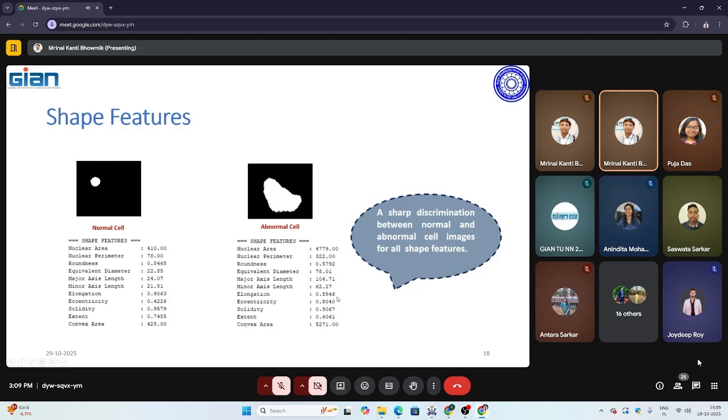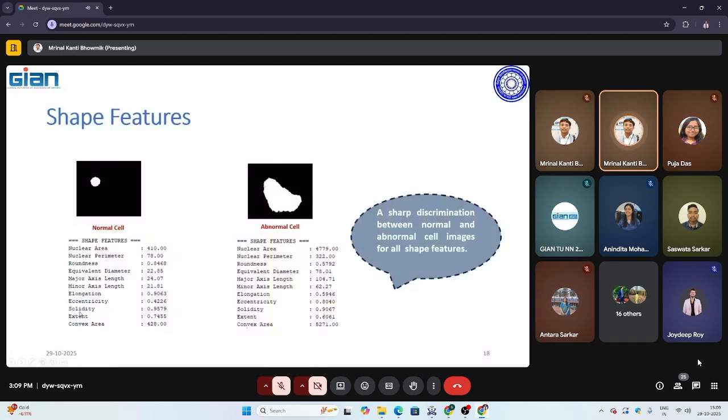Eccentricity tells us how much the shape deviates from circularity. For the normal cell, the eccentricity value is 0.42, which is low. It means this cell deviates less from circularity, whereas the abnormal cell deviates much more. That's why its eccentricity value is 0.80.